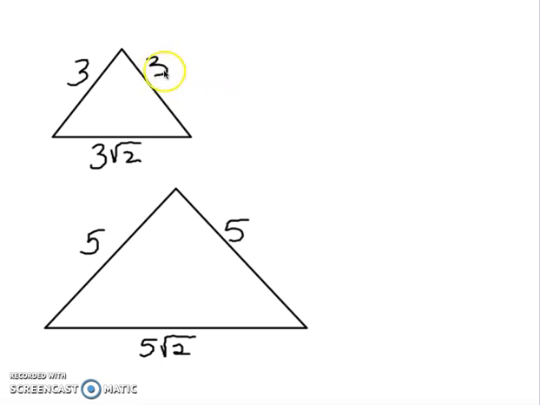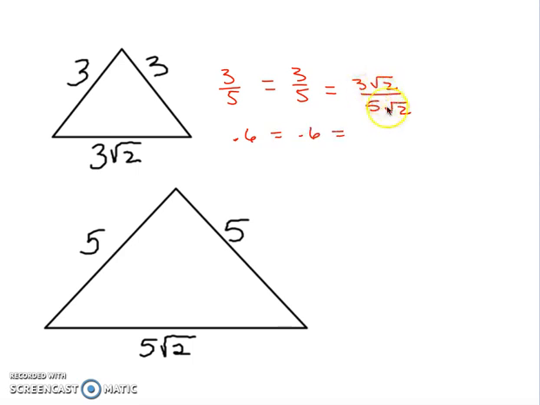So I would just take 3/5, 3/5 equals 3/5 equals 3 square roots of 2 over 5 square roots of 2. And when we do that, we could reduce these down to 0.6 if we wanted to.